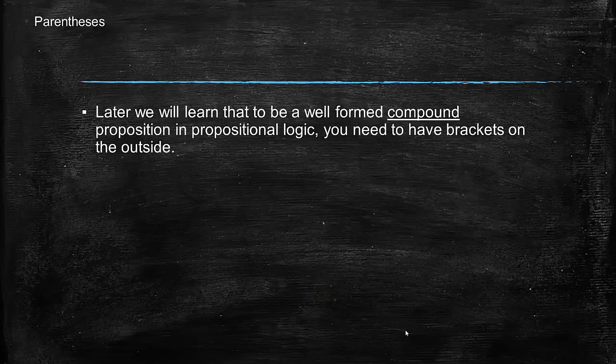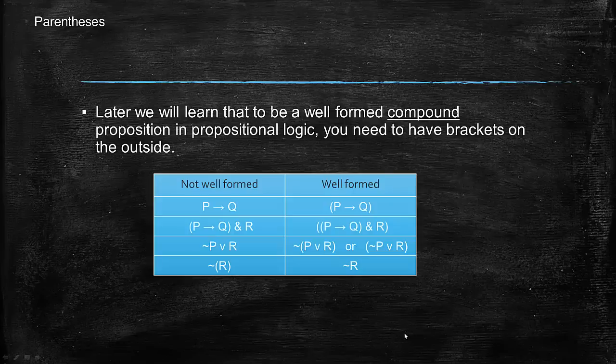So later we'll learn that to be a well-formed compound proposition in propositional logic, you need to have brackets on the outside. So if P then Q without brackets is actually not a well-formed sentence. It has to have brackets on the outside. This, if P then Q and R, is not well-formed even though there's brackets here and here, because you need brackets on the outside of that as well.